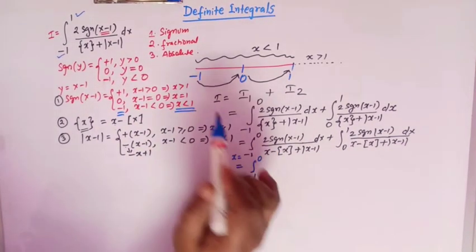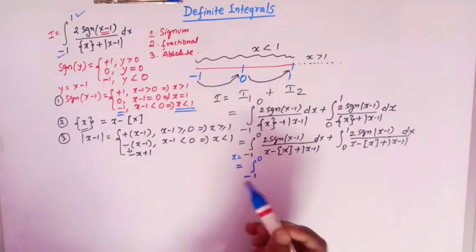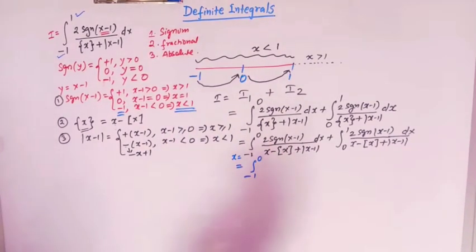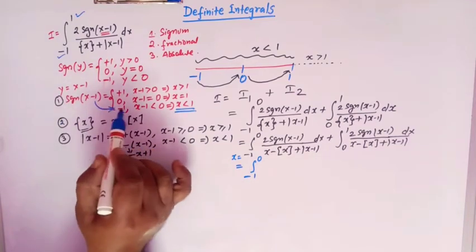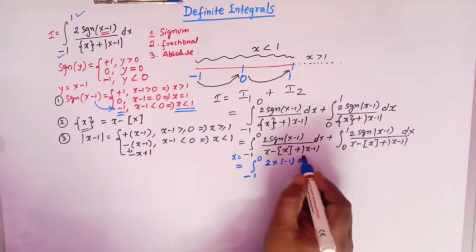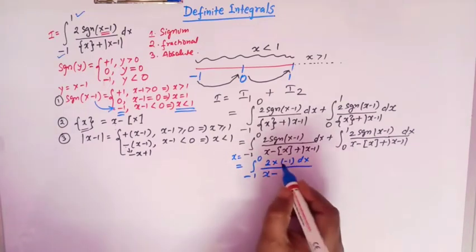Because we are integrating from minus 1 to 0, and all the values of x which lie between minus 1 and 0 are obviously less than 1. So signum of x minus 1 should be taken as minus 1. So here we have 2 times minus 1 dx, and in the denominator we have x minus.